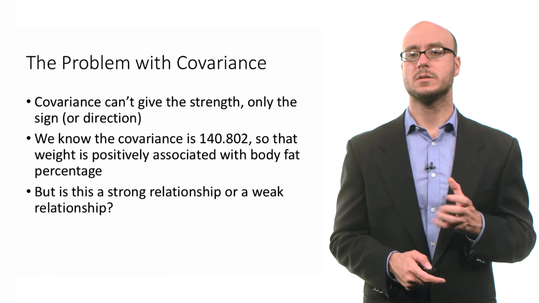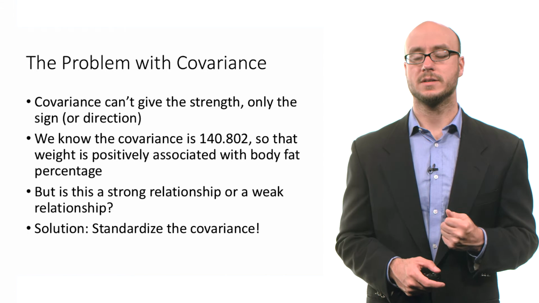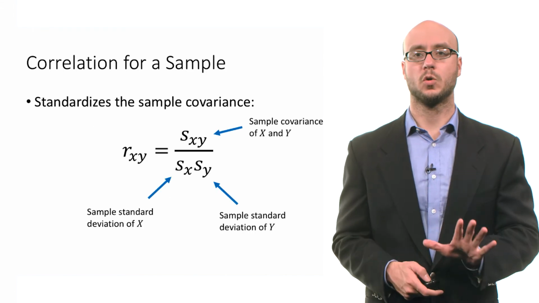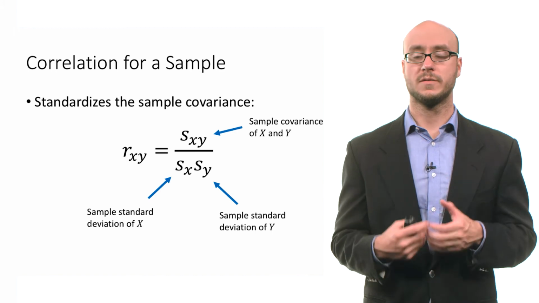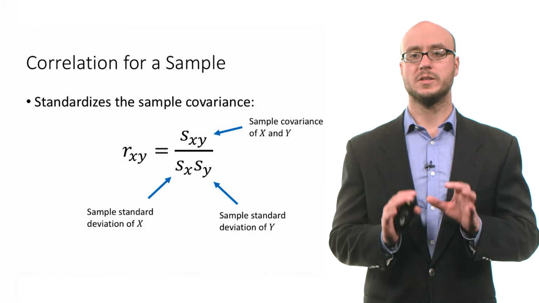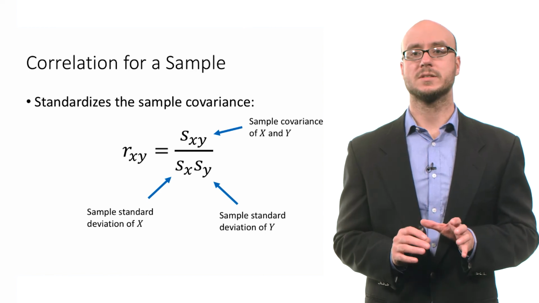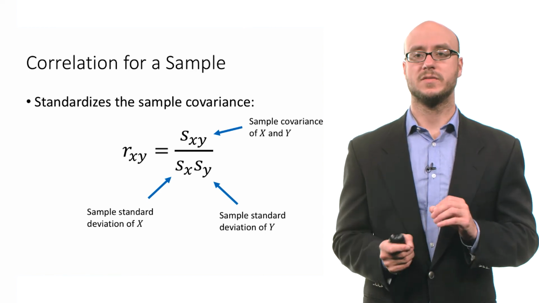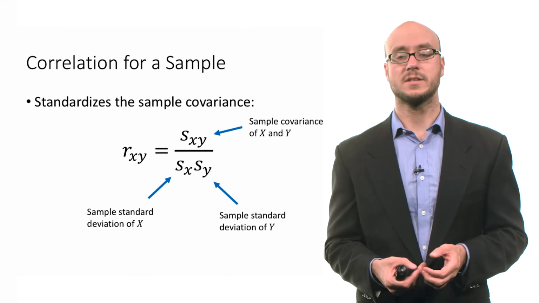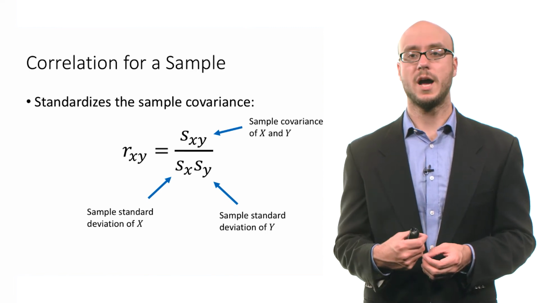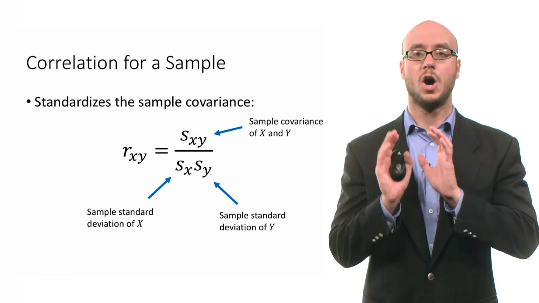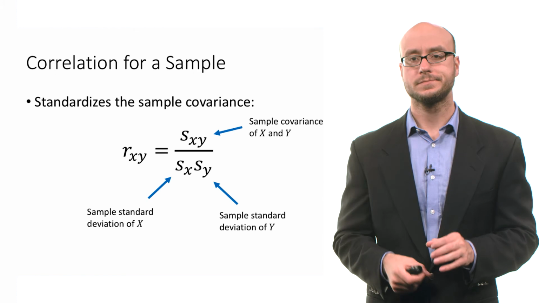Well, the solution is to standardize covariance. We call a standardized version of the covariance correlation. So here's the formula for a correlation with a sample of data. All we're doing is we're standardizing the sample covariance. You take the sample covariance of X and Y, and you divide by the sample standard deviation of X times the sample standard deviation of Y. And then we get this value of the correlation, which we call r when we have a sample.